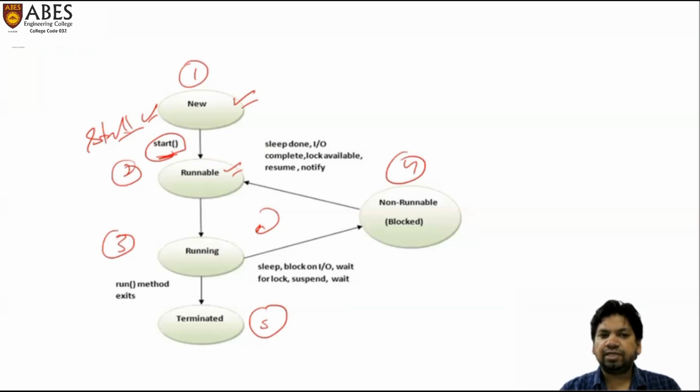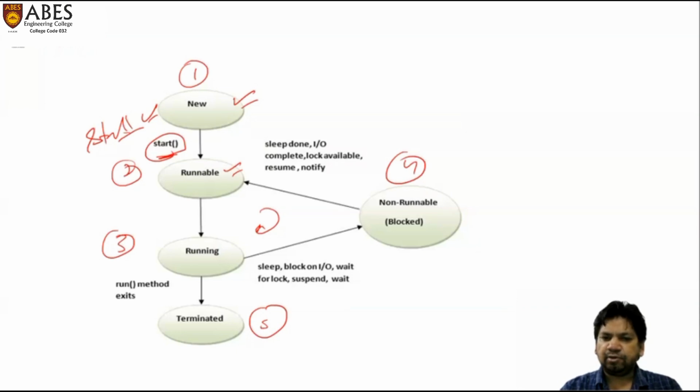Blocked threads return to runnable by sleep done, input output complete, lock available, resume, and notify or notify all. When they get the notify or notify all, the lock is opened and they come back to the runnable state.